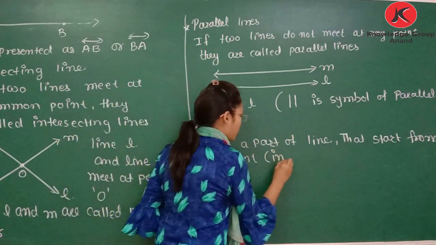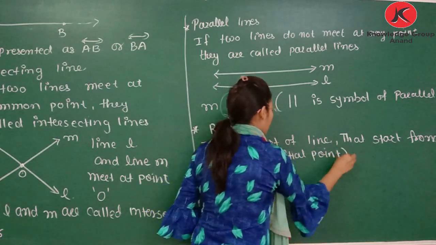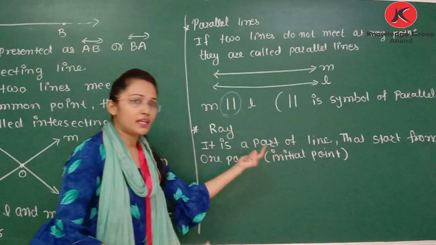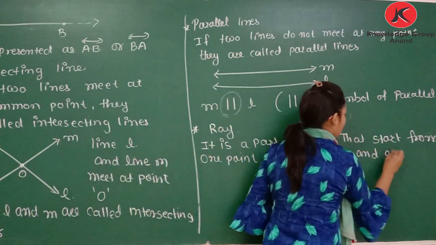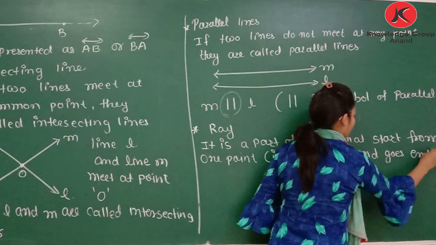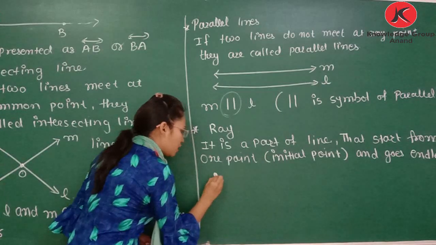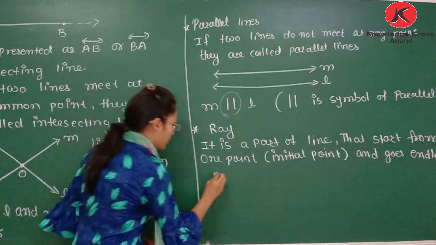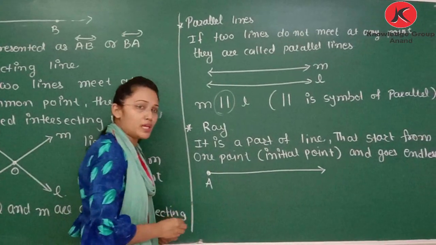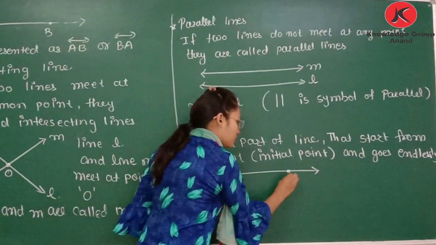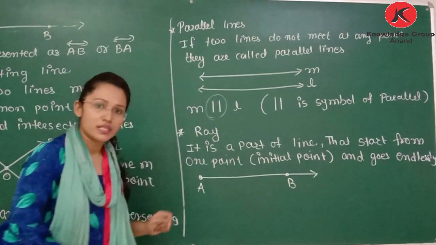You can say initial point. It is a part of a line that starts from one point and goes endlessly. Let's say this starting point is A and it is moving in direction B. Here B represents direction and A represents the starting point.